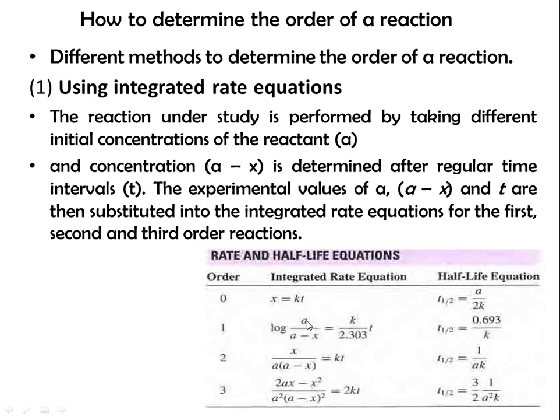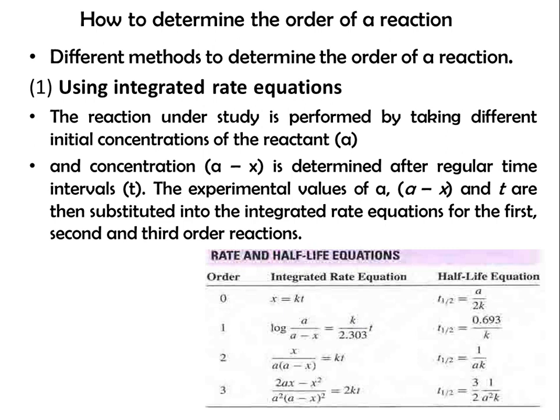Here, if we know the values of a minus x and t, we can determine the k. As the value of a changes, because we are taking different initial concentrations of the reactant, a minus x also changes, but the k remains constant.